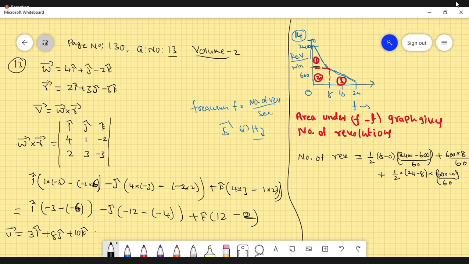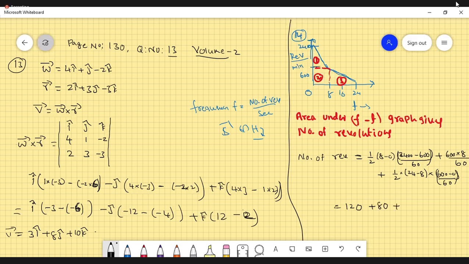Now simplify. 2400 minus 600 is 1800. 1800 by 60 is 30. 8 by 2 is 4. 4 into 30 is 120.